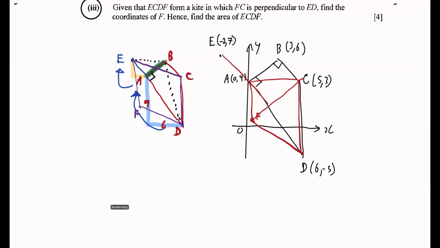How do we find the point F? First thing is to remember the properties of a kite. A kite is really just made up of two isosceles triangles. So maybe my point F, I want to draw it nicely. Okay, so point F here, 90 degrees there. So how do we find point F?